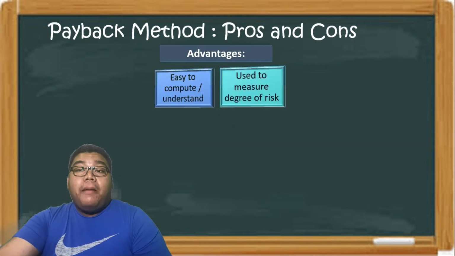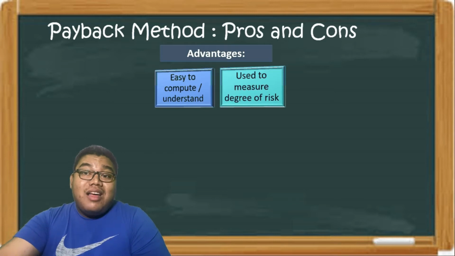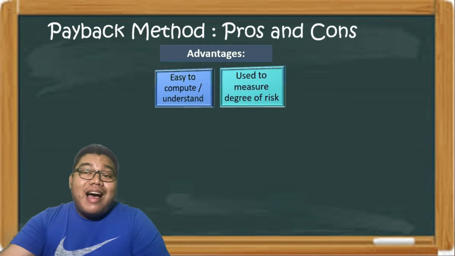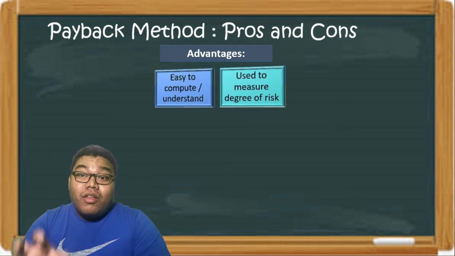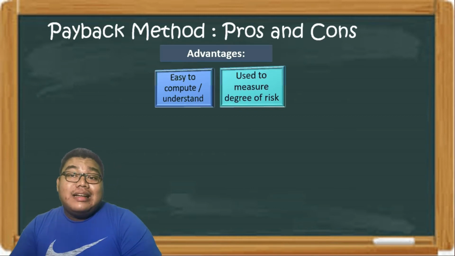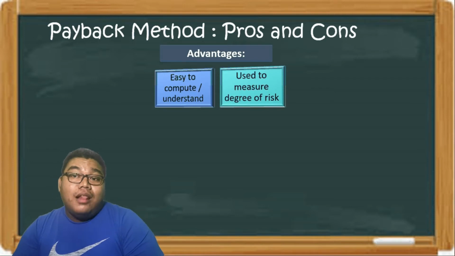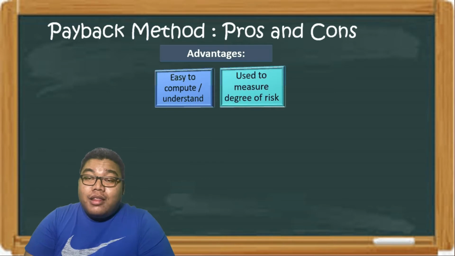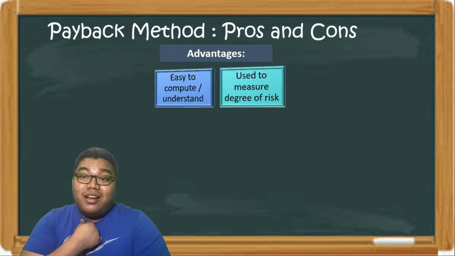Now, the payback method in evaluating capital budgeting decisions is used to measure degree of risk. Why? The higher the payback period or the lower the payback reciprocal, the higher the risks involved because the longer the time that you need to recover the investment, the more uncertain the inflows are.